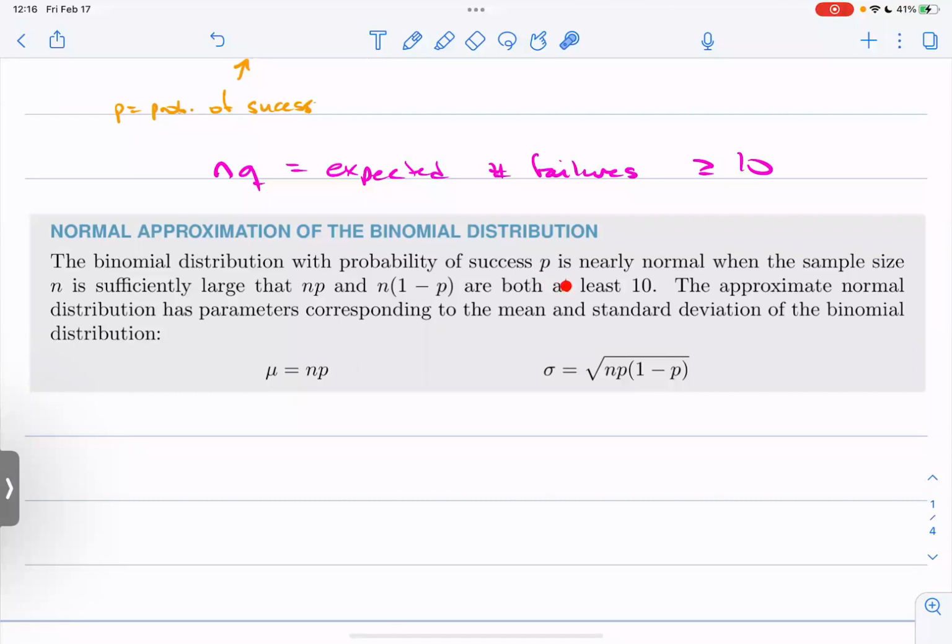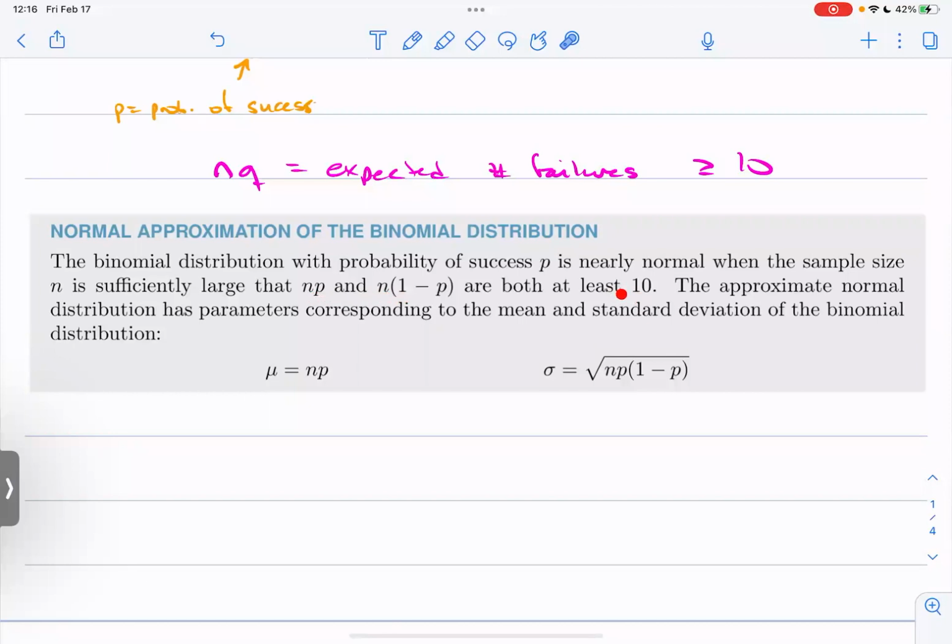I can use the table or software to find probabilities. So that's a good thing. Okay, when the sample size n is sufficiently large that n times p, the expected number of successes, and n times 1 minus p, the expected number of failures, are both at least 10. So that's what we outlined already.